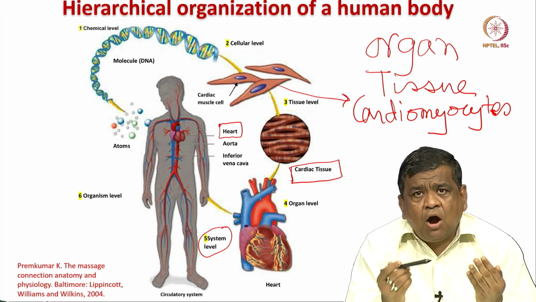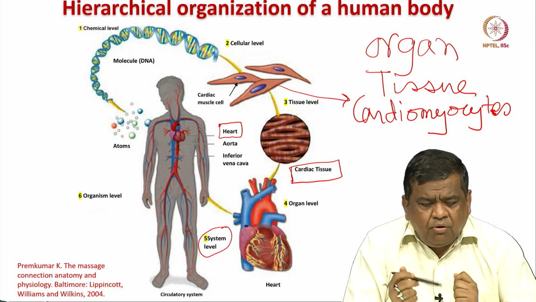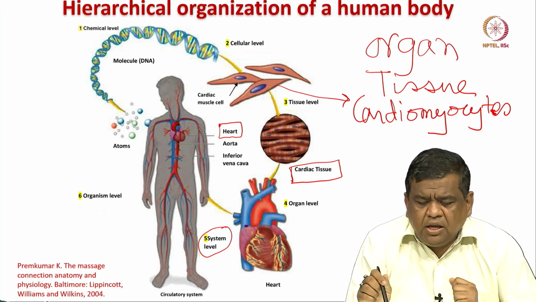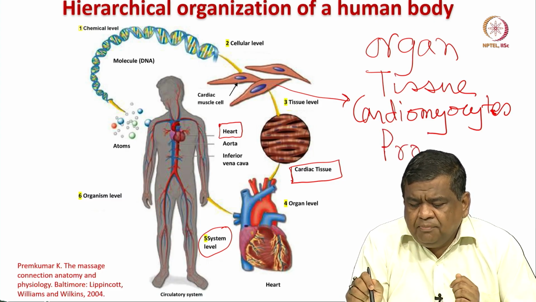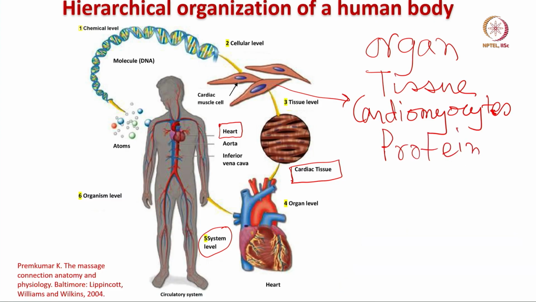Now, if you go down further in the cells, then you have molecules, so different protein molecules. So, in these cells, you have an abundance of protein molecules in the biological system, and then if you go down further in the cells itself, you have DNA, deoxyribonucleic acid, which undergoes transcription and translation processes to form RNA, and that is like messenger RNA.